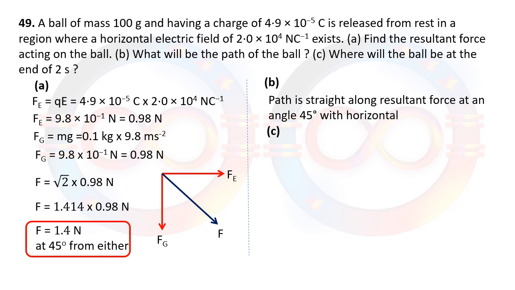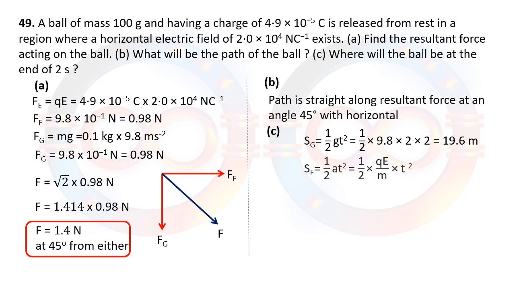Then question number C is asking where will the ball be at the end of 2 seconds. Take the formula S is equal to ut plus half at square. So ut would be 0, half g t square, half into 9.8, t is 2 seconds, it would be 19.6 meter due to the gravitational force, that much distance.